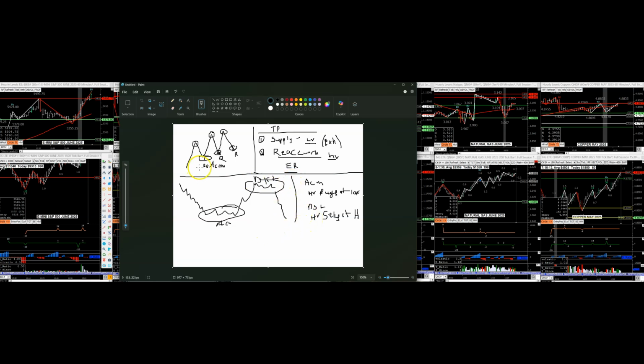So what we're looking for is accumulation. Why are we, as white coat traders, looking at accumulation distribution? The answer is because we know that after accumulation you get markup. Markup is what you're after.